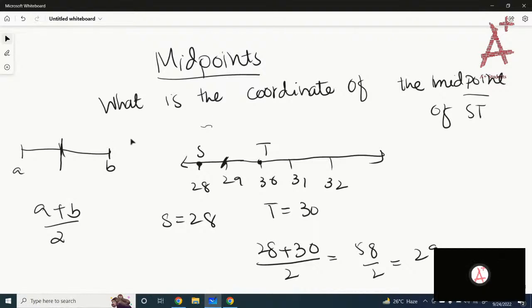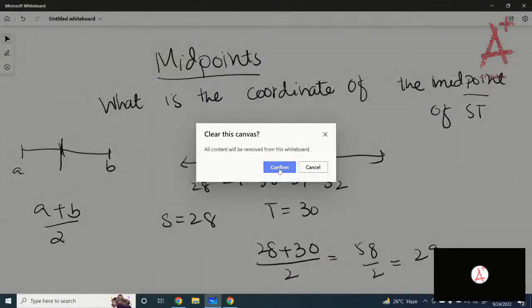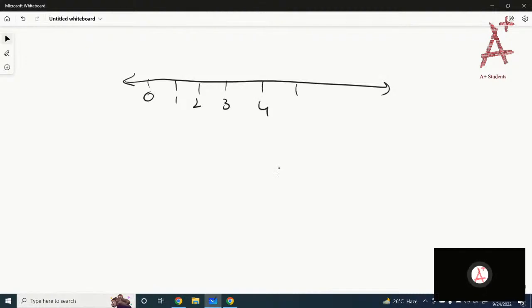Okay, let's do another example. What is the coordinate of the midpoint of QR? Let me write down the numbers. 0, 1, 2, 3, 4, 5, 6 and 7.